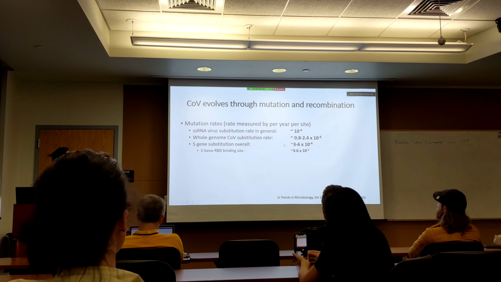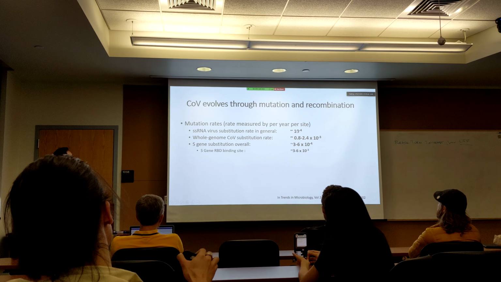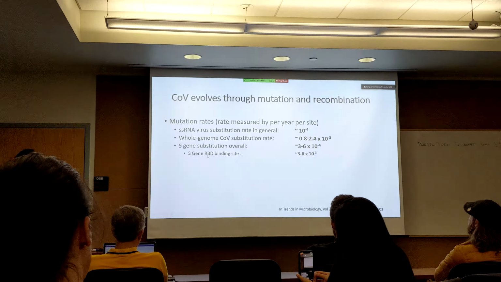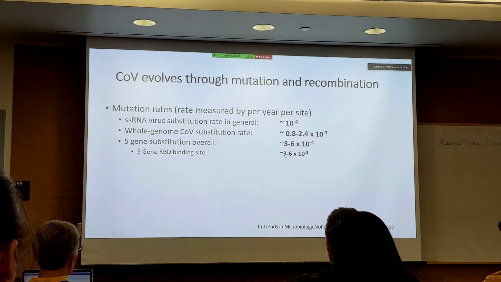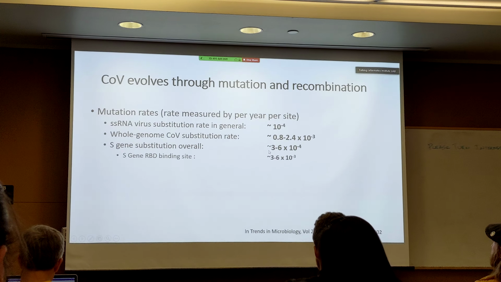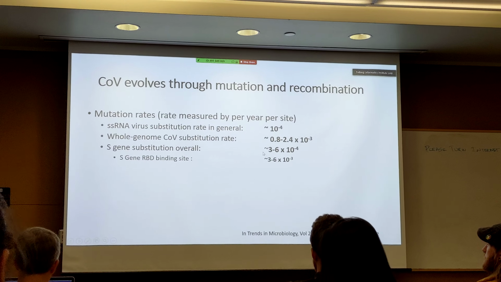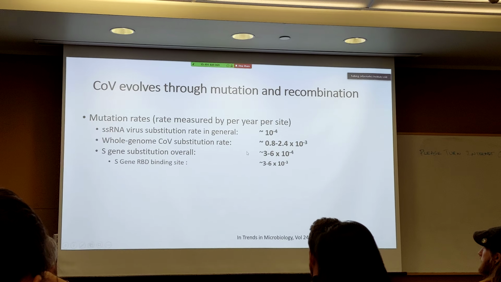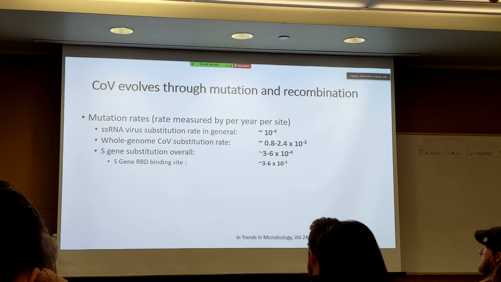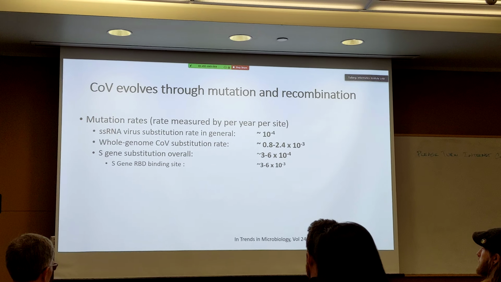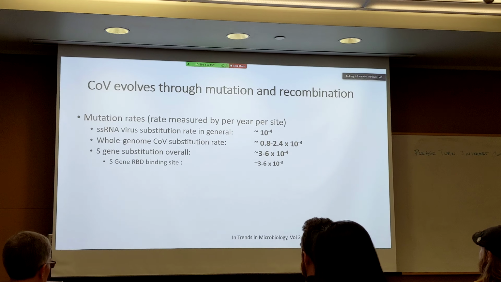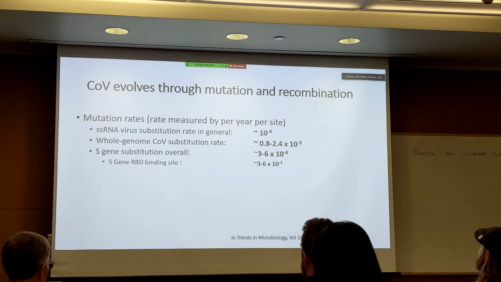This substitution overall is on par with the single-stranded RNA virus, but the receptor binding site almost has 10 times the faster evolutionary rate. And this is really essential for the virus to find a host and then find a potential way to replicate itself instead of just getting killed by the host immune system.